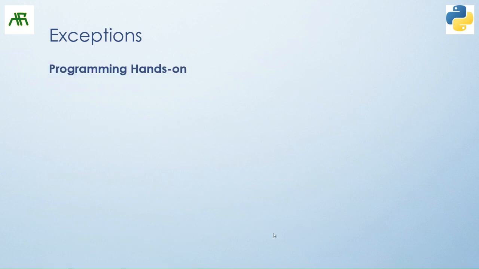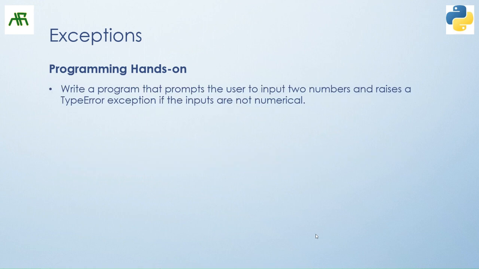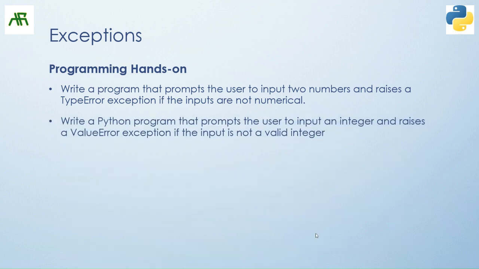Let's look at some exercises that you can try out. Write a program that prompts the user to input two numbers and raises a type error exception if the inputs are not numerical. We have some samples we looked at. We can just build up from there. Write a program that prompts the user to input an integer and raises a value error exception if the input is not a valid integer.